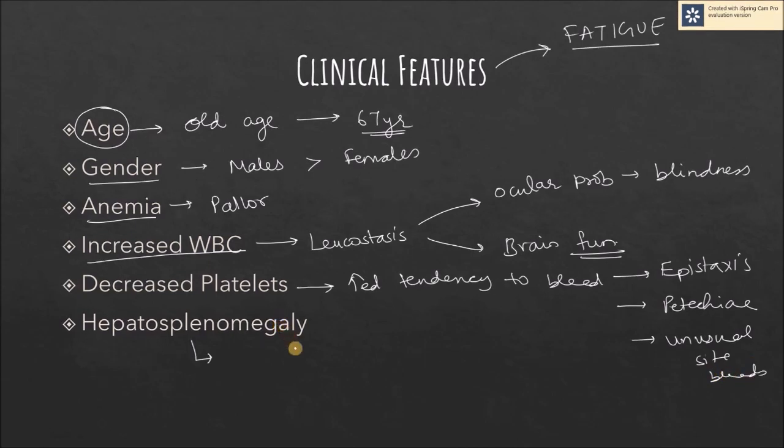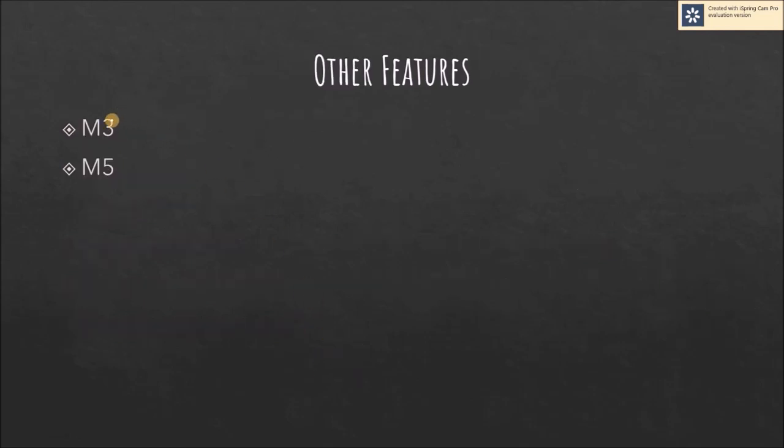Liver and spleen are enlarged, so the patient will complain of early satiety because they will feel fullness. M3 is associated with DIC, and the M5 variety is associated with gum hypertrophy with bleeding.